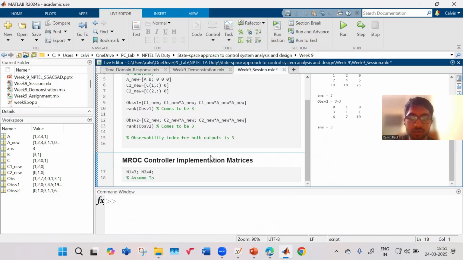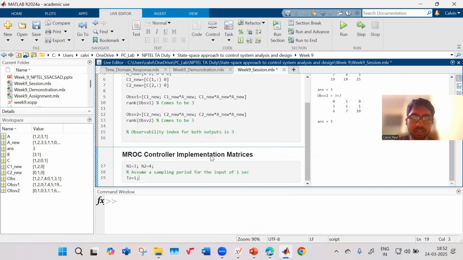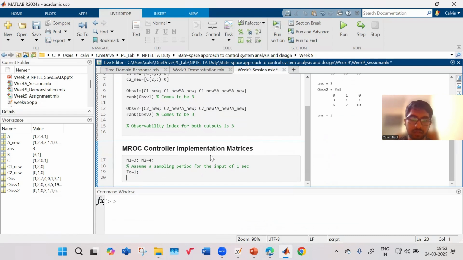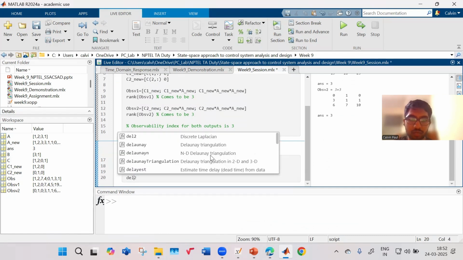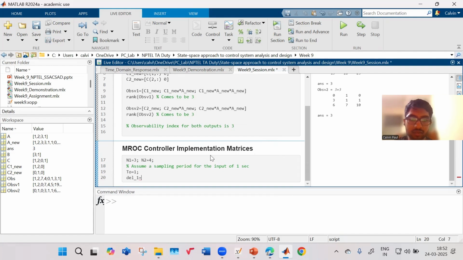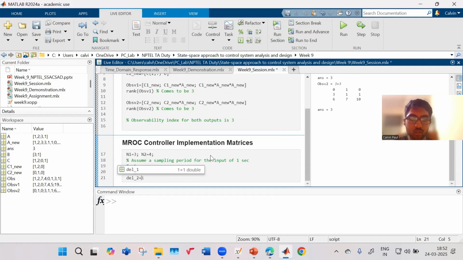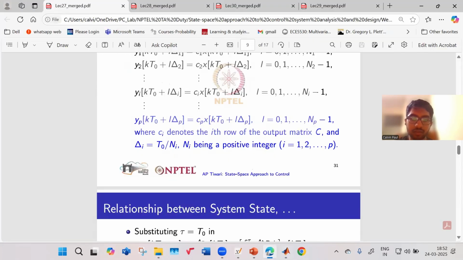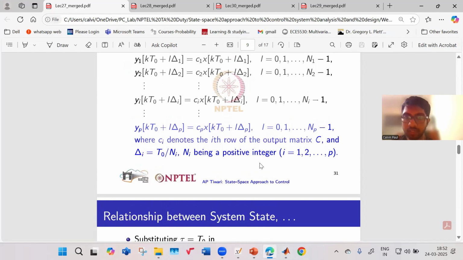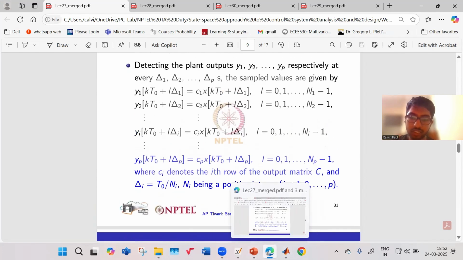We assume t naught, the sampling period for the input, of 1 second. So we have t naught equal to 1. Okay, my del 1 is equal to t naught by n1. My del 2 is equal to t naught by n2. Okay, this is my del 1, del 2. I got my del 1, del 2, right?